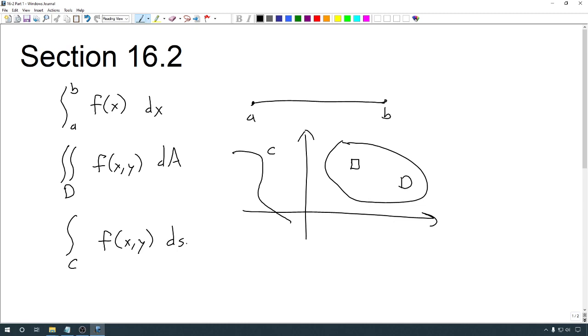S here is usually used for arc length, sort of like how we have A standing in for area. So essentially what we're trying to do here is add up the values of the function along some curve. Now I've drawn this in 2 dimensions. We can also do this in 3 dimensions, and the idea is going to stay the same. But how do we actually accomplish that?